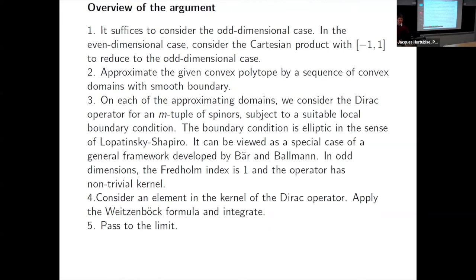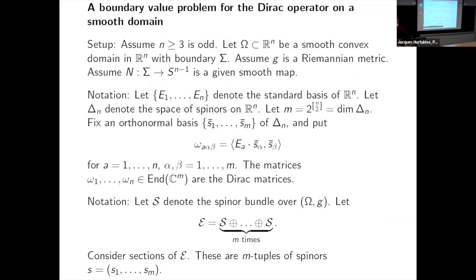So the first step is I should tell you about the specific boundary problem I'm considering. Let's assume that we're in dimension n, and n is odd. And let's assume that Omega is a smooth convex domain in R^n with boundary Sigma, and that we have a metric g on that smooth domain.